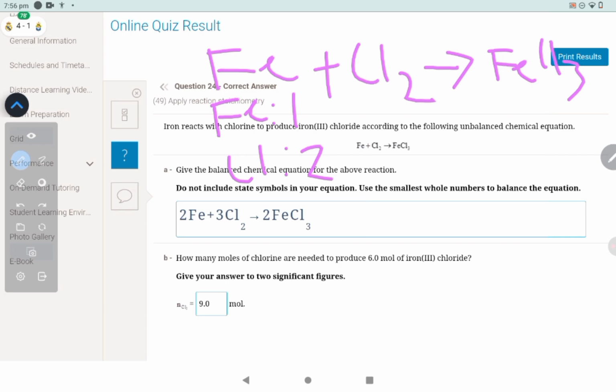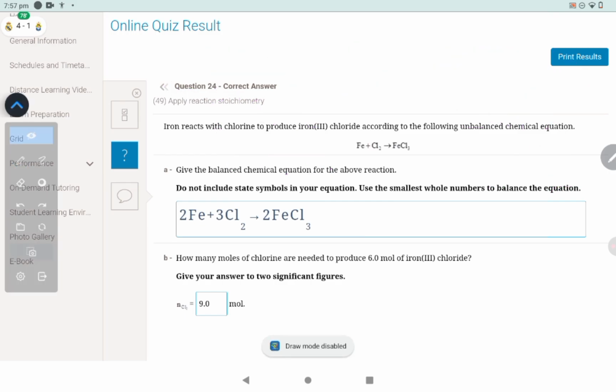And Fe here is 1, but Cl is 3. Just multiply Cl2 by 3 and FeCl3 by 2. That makes Cl 6 on both sides, but then Fe is 1 to 2, so we also multiply Fe by 2, so it's all balanced. 2 Fe plus 3 Cl2 gives 2 FeCl3. They don't want state symbols for this one.